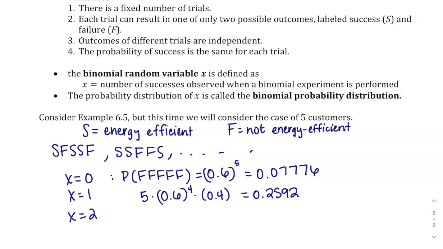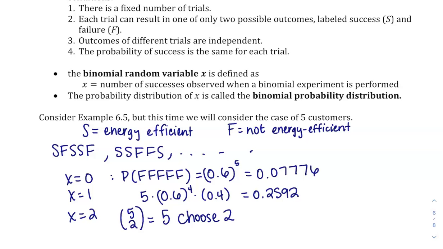We have 5 possible customers, and we want to choose exactly 2 of them. So there's this process called combinations, and you would write it like this. It's kind of a parentheses, and it's 5 with 2. That means you have 5, and you need to choose 2. Out of your 5 possible locations, we want to pick 2 of them.